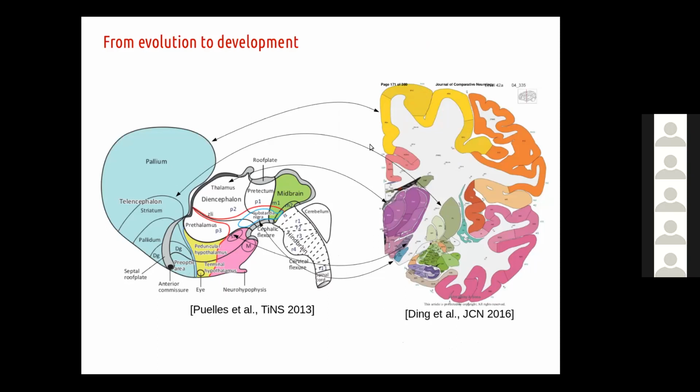But then those things map in a very interesting way onto the human brain. For instance, a structure that we call the amygdala, which is supposedly related to emotion, turns out to be a conglomerate of structures from a lot of different regions of that prototypal brain that then come together in different places.